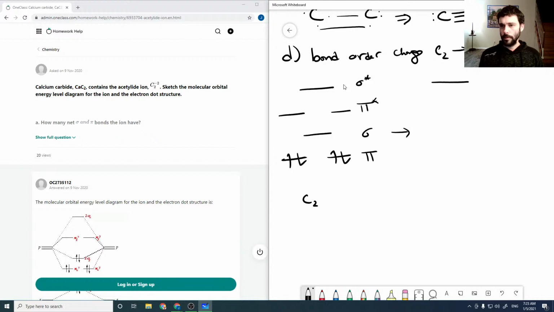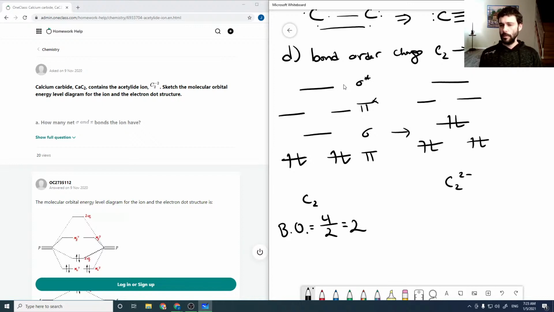And we went to this with C2 minus. Our bond order here is 4 over 2, which equals 2. And our bond order here is 6 over 2, which equals 3. So we went from a double bond in C2 to a triple bond in C2 minus.